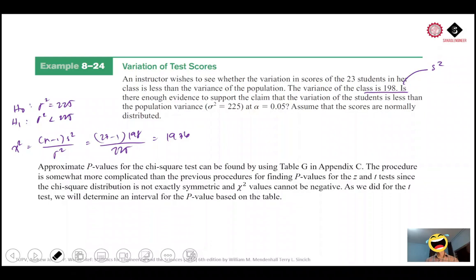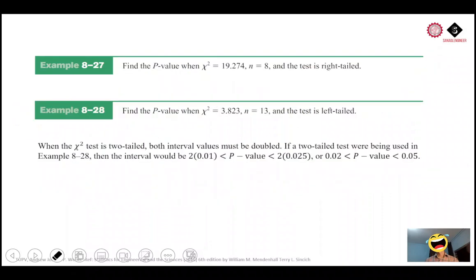Okay, so let's not discuss this part anymore about how to find the p-value or how to do hypothesis testing using the p-value method on variance and standard deviation because it's a little bit complicated and confusing. So only the p-value method for z-test, t-test, and proportion. So let's skip this one.